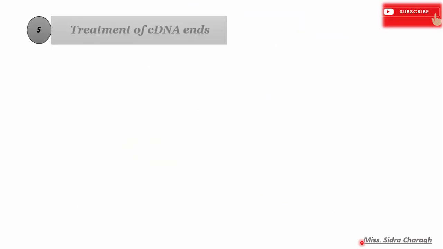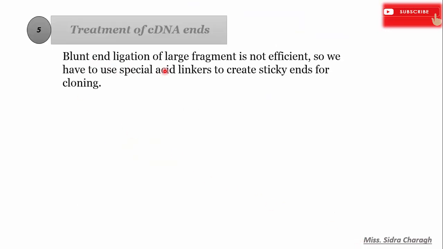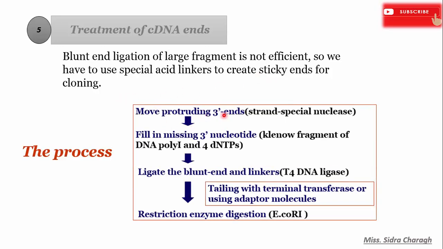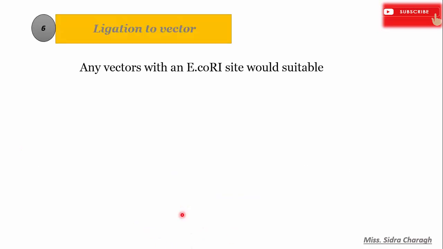Next, treatment of cDNA. Blunt end ligation of large fragments is not efficient, so we use special linkers to create sticky ends for cloning. The process involves removing the protruding 3' end by single strand specific nucleases and then filling in the missing 3' nucleotides by Klenow fragment of DNA polymerase 1 and 4 dNTPs, and then ligating the blunt ends and linkers by T4 DNA ligase enzyme, and then we do restriction enzyme digestion and ligation to vector.